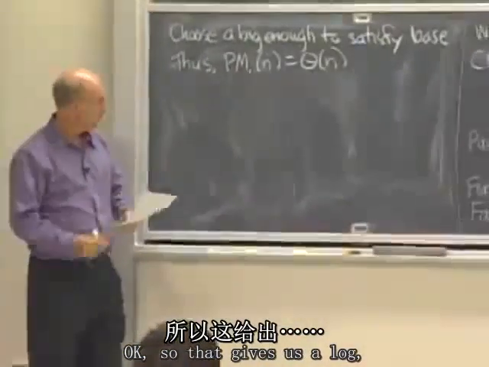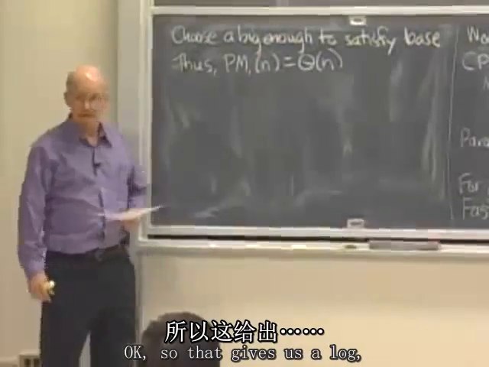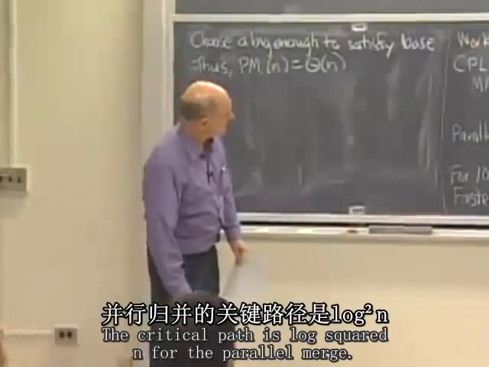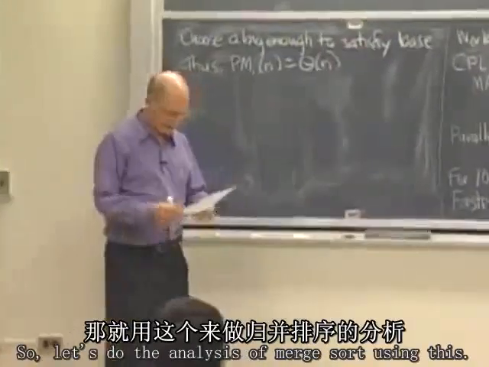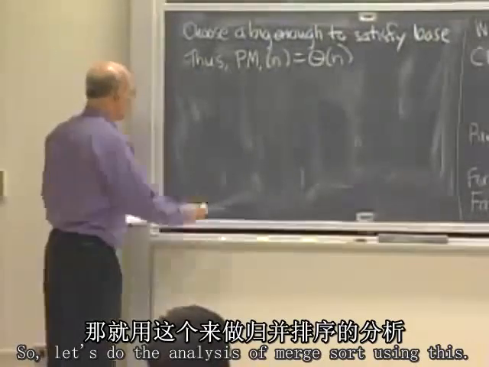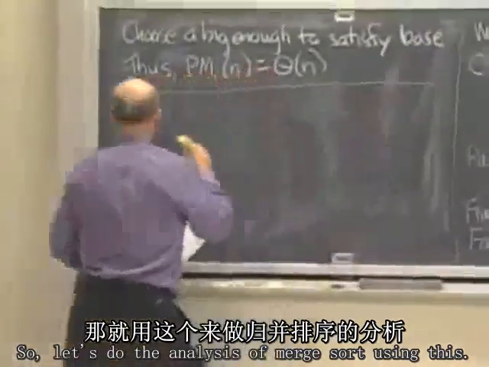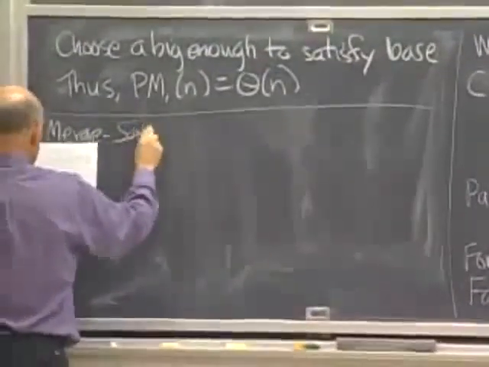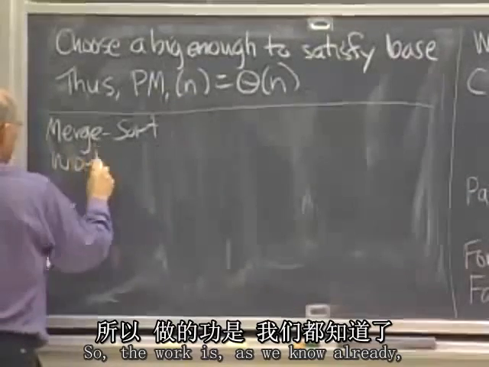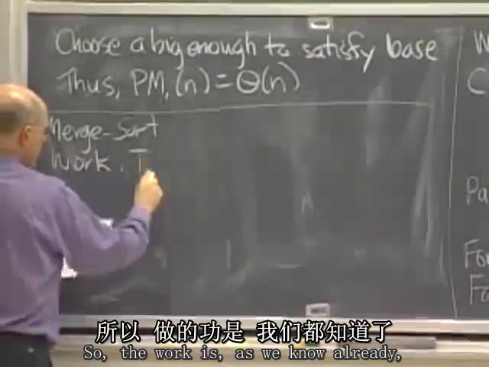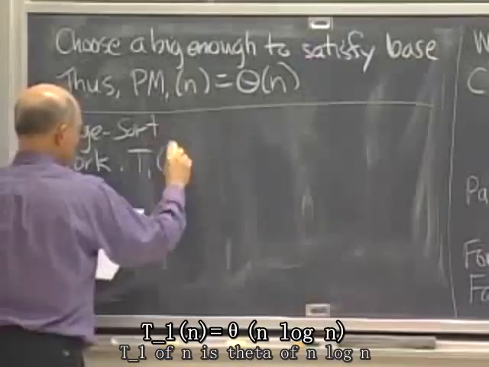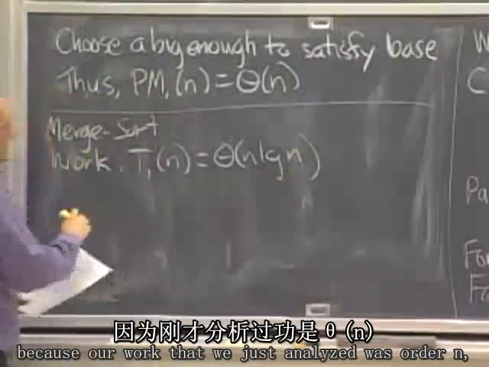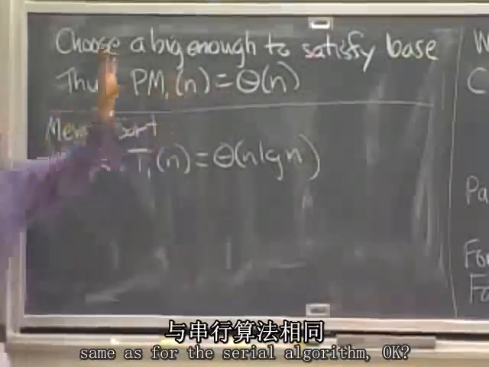So that gives us a log, what did we say the critical path was? Critical path is log squared n for the parallel merge. So let's do the analysis of merge sort using this. The work T1 of n is theta of n log n, because our work that we just analyzed was order n, same as for the serial algorithm.